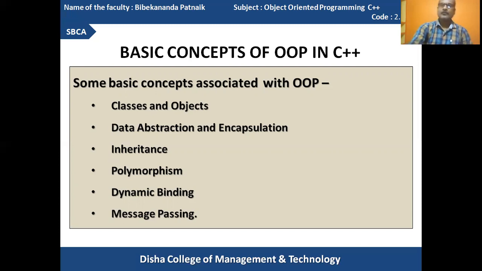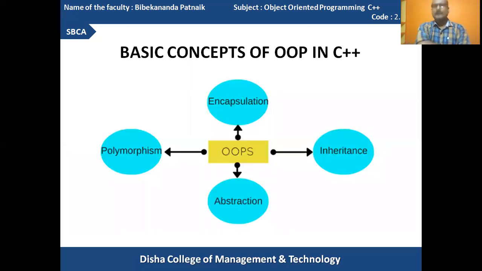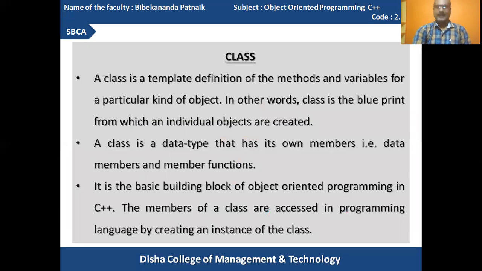First, let's focus on this simple diagram of object-oriented programming having four subsequent characteristics, or the pillars of the object-oriented programming system, that is encapsulation, polymorphism, inheritance, and abstraction. So let's begin with the first concept, that is called class.